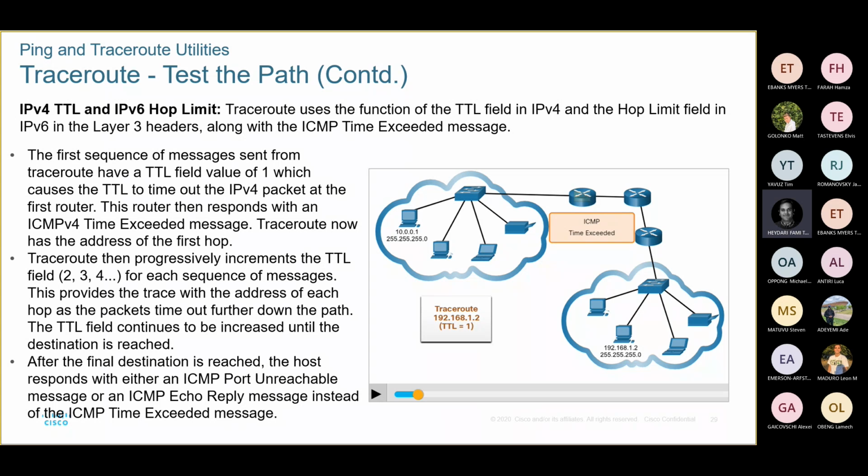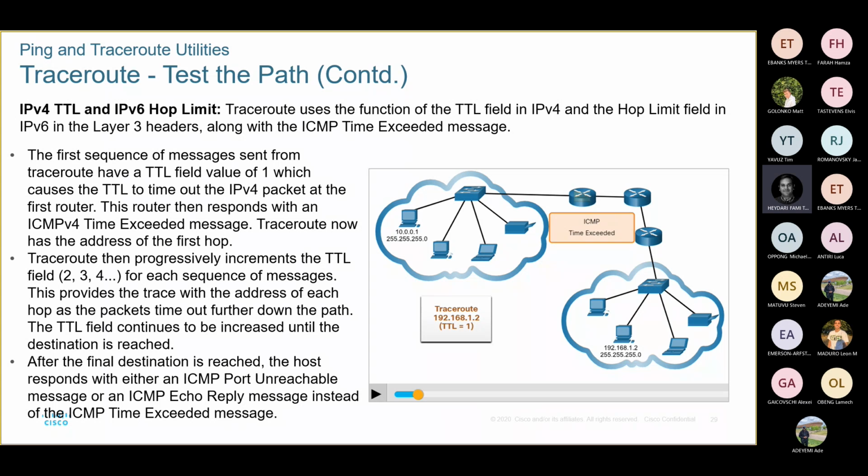However, ICMP version 6 has a couple of new messages that are used as part of a protocol for neighbor discovery, we call it.